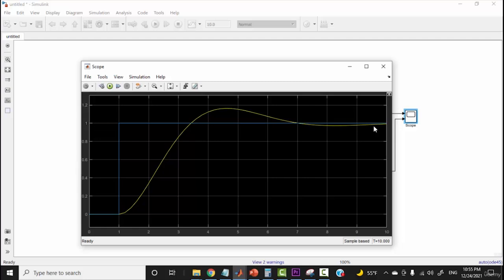The second important note here is the overshoot in the output. Okay, so to understand the overshoot in hardware, let's assume that we are working on a speed control system, a system that has a motor and we want to control its speed.